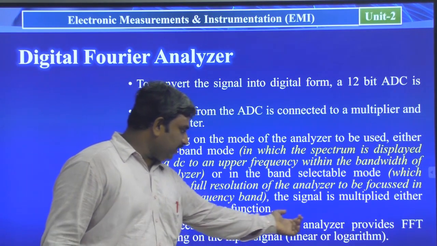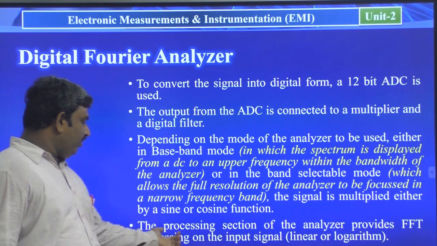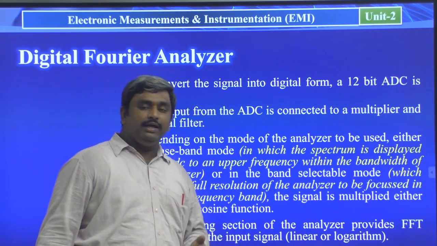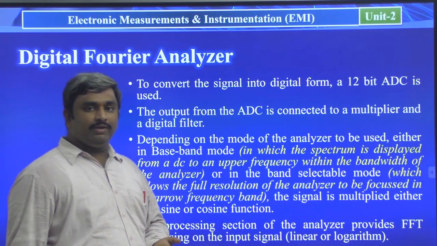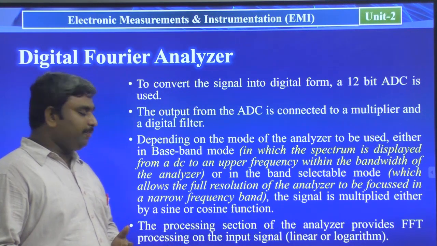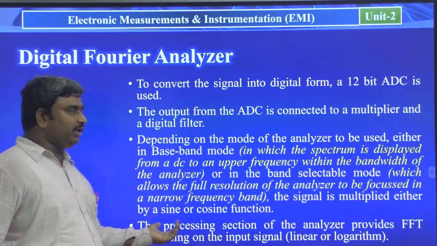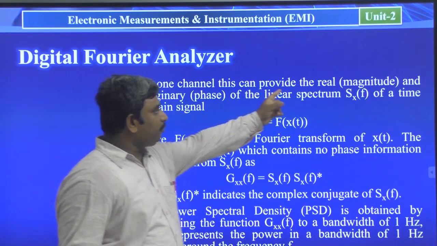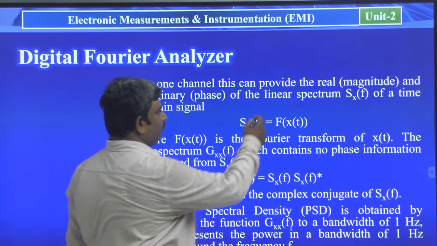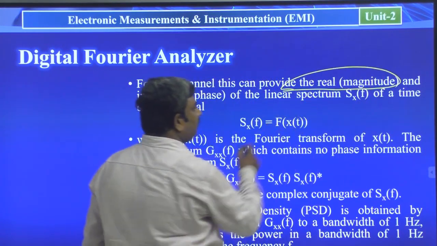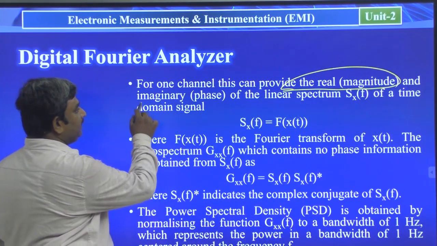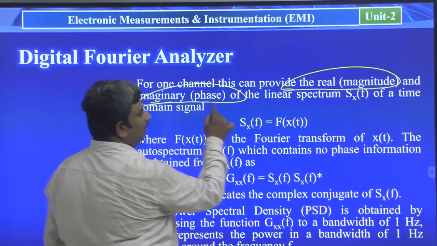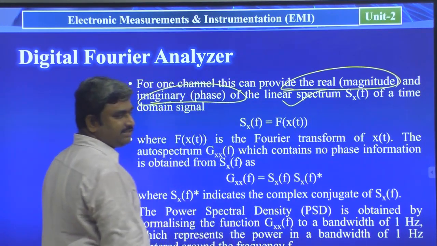The processing section of the analyzer provides FFT processing on the input signal, with linear and or logarithmic algorithm. So here we have an FFT processor based section for the given input signal. For one channel, this can provide the real magnitude and the imaginary information for the linear spectrum Sx(f) of x(t).